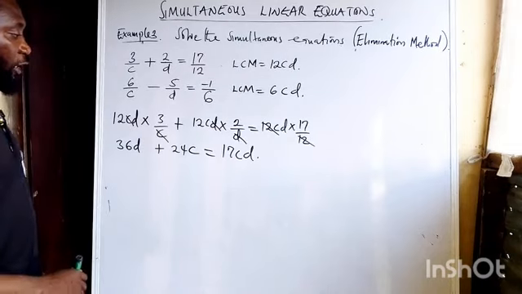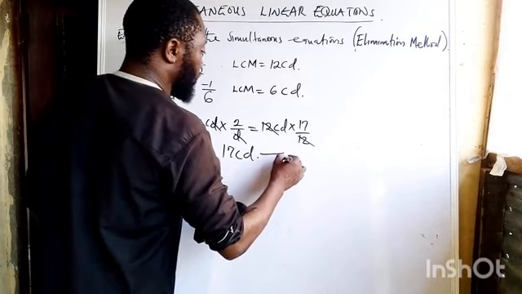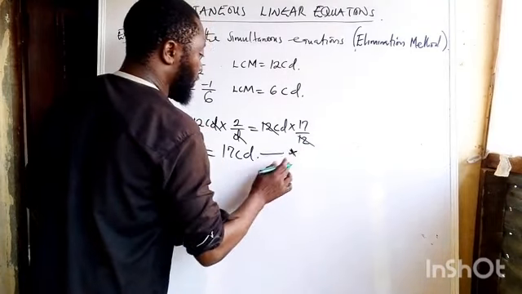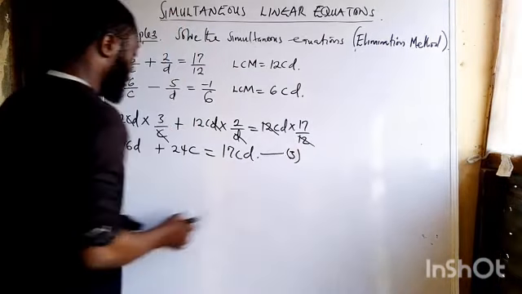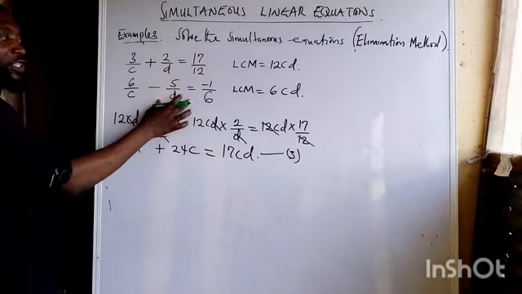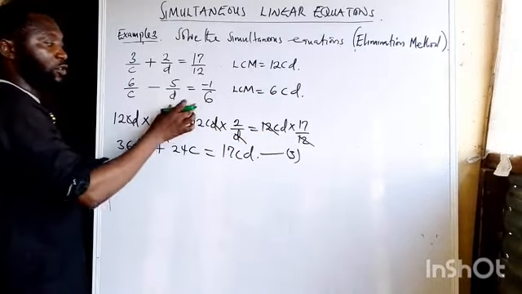Let's move to this next equation. Let's call this equation 3. Now the second equation, we are still going to rewrite this also by multiplying through by the LCM of this second equation.